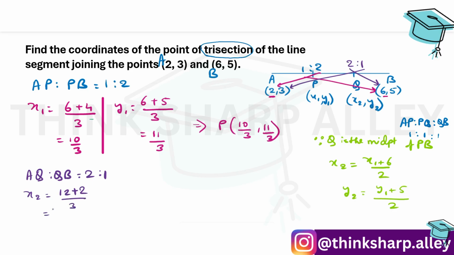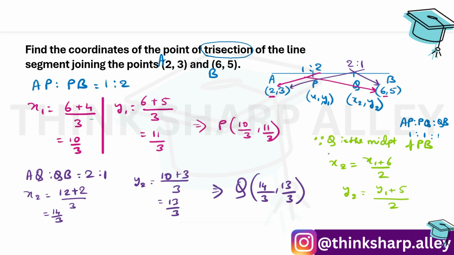So we are getting 14 by 3. And for y2 we have 2 times 5, that's 10, plus 1 times 3, that's 3, by 3, which is 13 by 3. So that gives me the coordinates of Q as 14 by 3, comma 13 by 3.